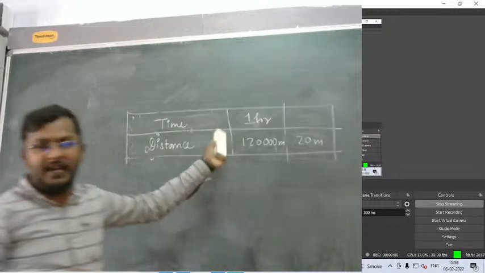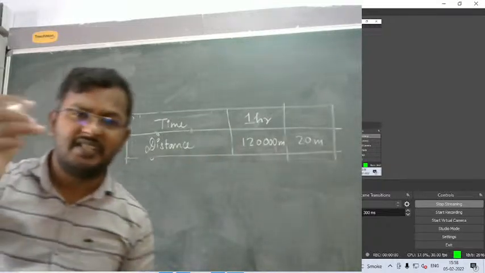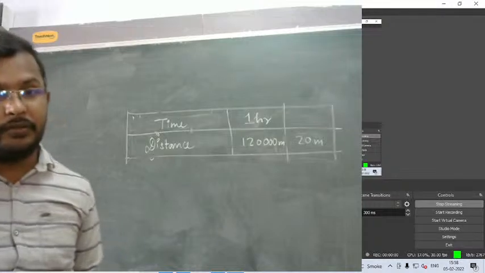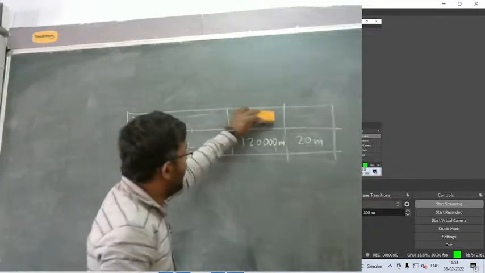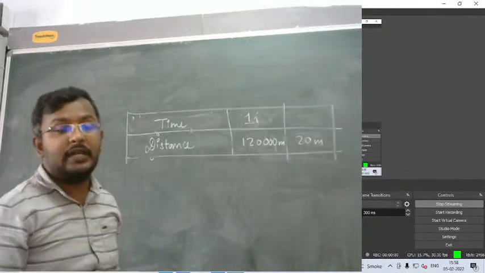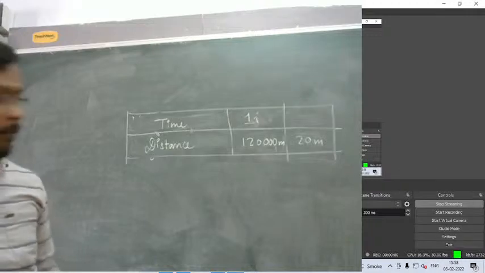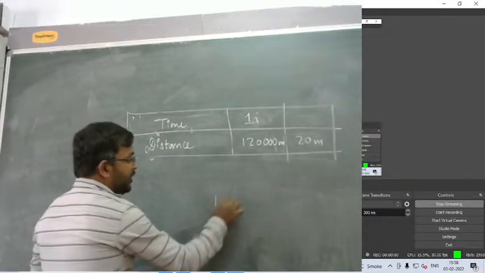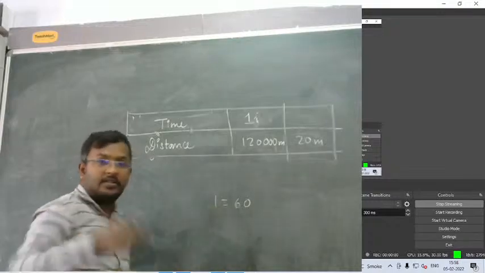Okay, and 1 hour is there. Obviously, if you take 1 hour, the answer will come in hours, in fraction. So, to make it simple, I am multiplying the hour by 60 into 60, that is 3600. Because 1 hour is equal to 60 minutes and 1 minute is equal to 60 seconds.